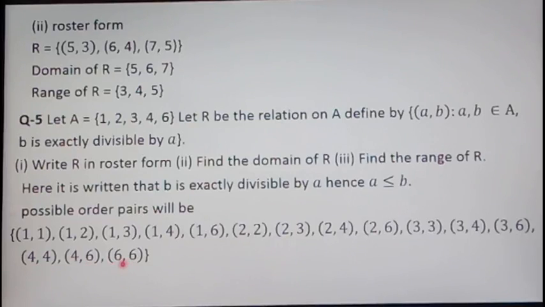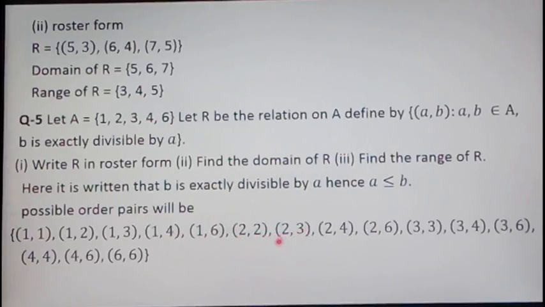possible ordered pairs. Now, out of these ordered pairs, 1 divisible by 1, 2 divisible by 1, 3 divisible by 1, 4 divisible by 1, 6 divisible by 1, 2 divisible by 2, 3 is not divisible by 2.